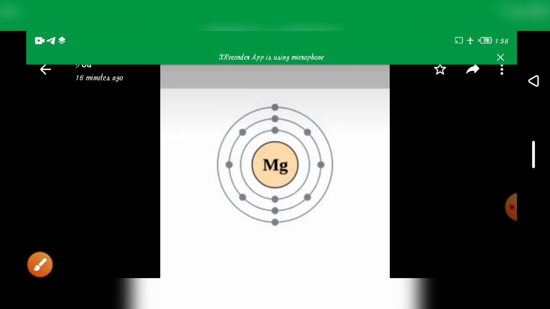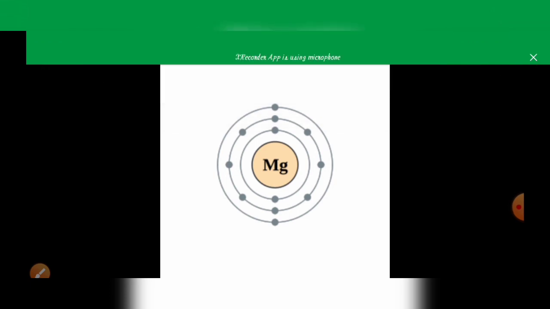Next, you see magnesium. You have to count it. The first cell contains 2 electrons, the second cell contains 1, 2, 3, 4, 5, 6, 7, 8, and the third cell contains 2 electrons. So the atomic number of magnesium is 12.